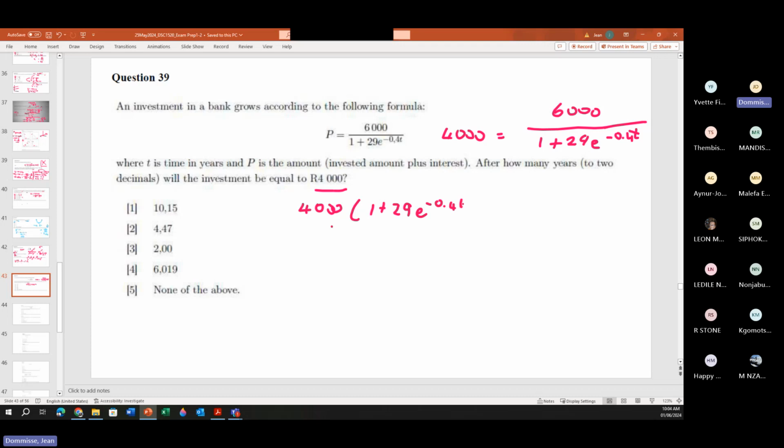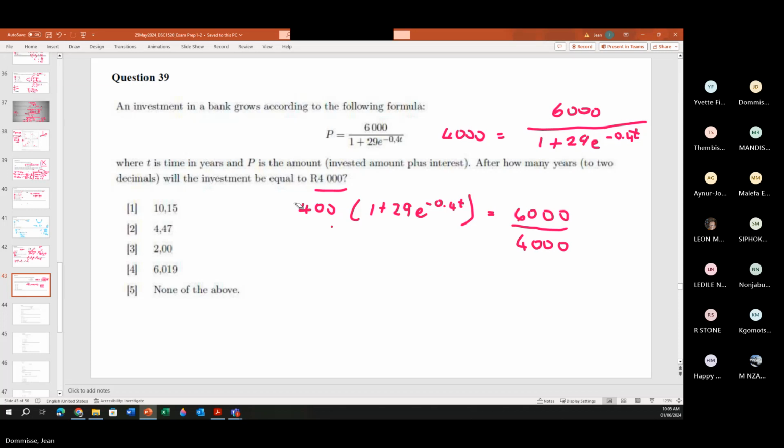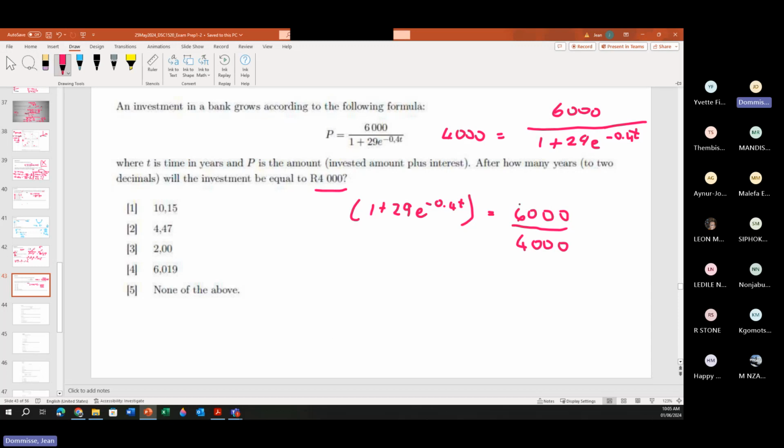On the right-hand side that cancels out, so I sit with 6,000. Then I can divide both sides by 4,000, so the 4,000 on my left-hand side disappears. Okay, that at least is a bit easier.